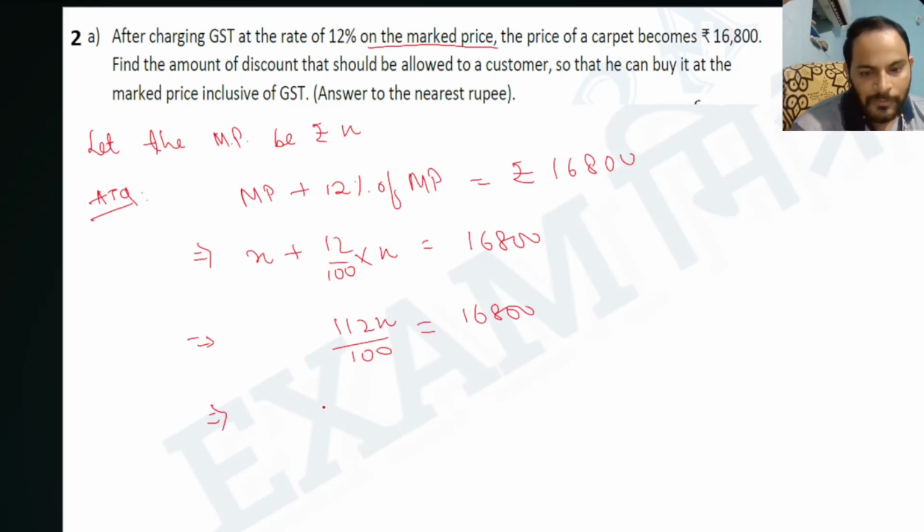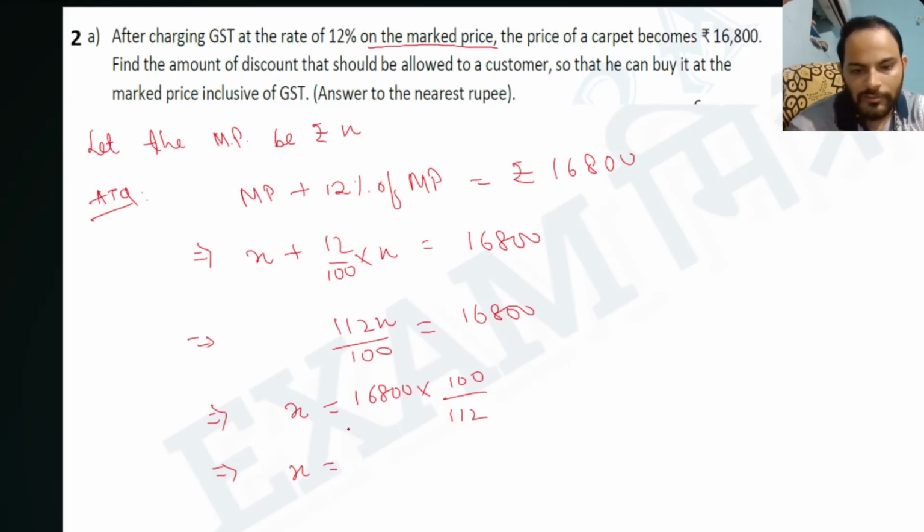16,800. Now, to find the value of X, I will send this 100 and 112 to that side, and it becomes 16,800 into 100 upon 112. If we simplify this, the value of X will be 15,000.